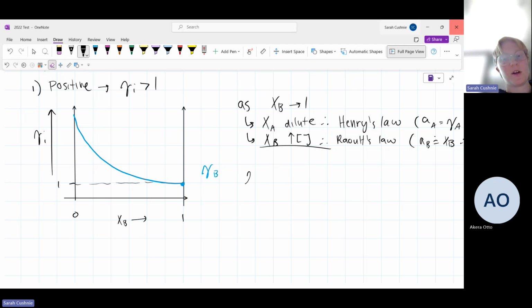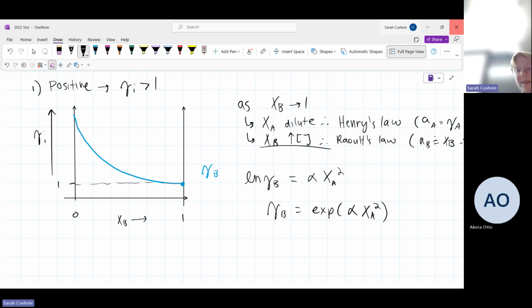We have the formula ln gamma B is equal to alpha times xa squared. So basically this shows we have some sort of quadratic relationship going on here. Or not quadratic, it's going to be exponential, because now we can say gamma B is going to be the exponent of alpha xa squared.